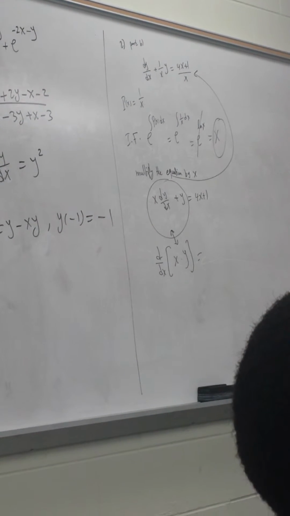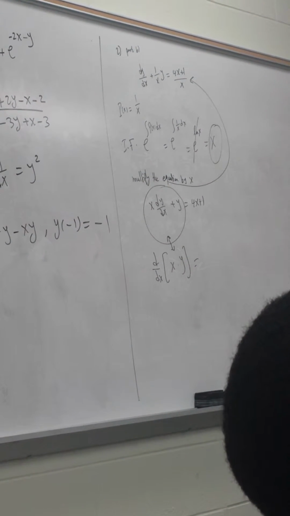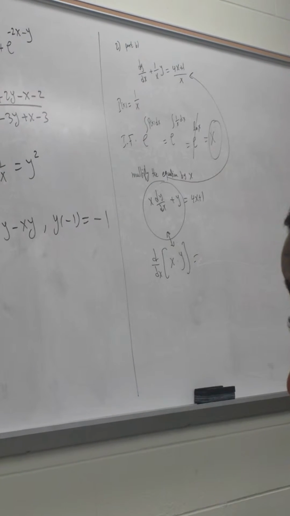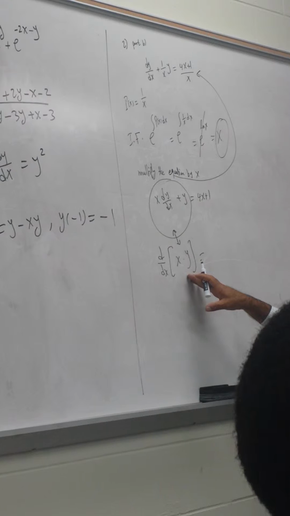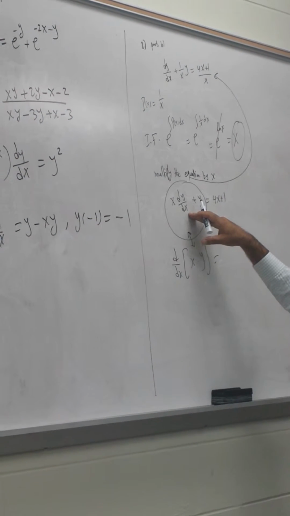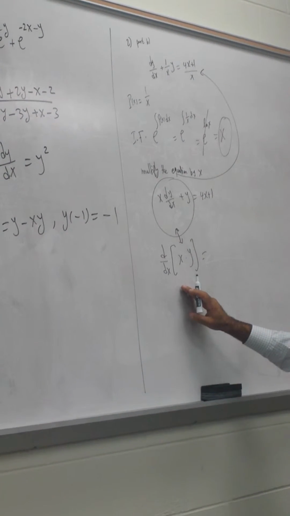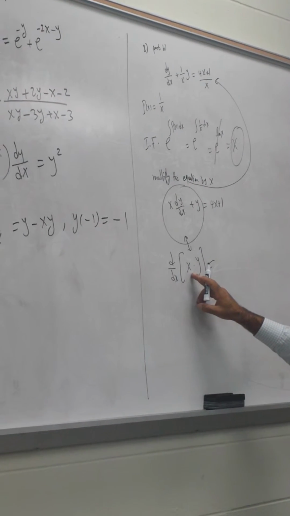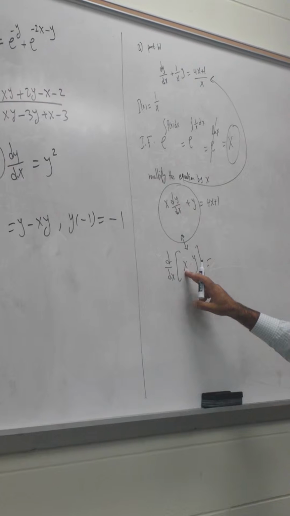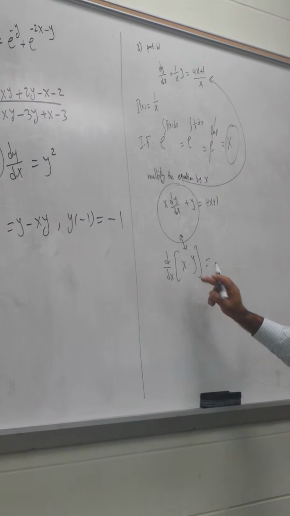You don't need to prove it. You can verify that easily. Just take the derivative of this product. That should be this one by the product rule. It's very easy to verify. So x times y, what is the derivative of x times y?